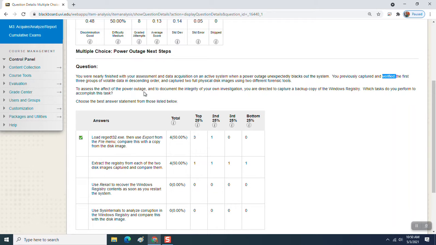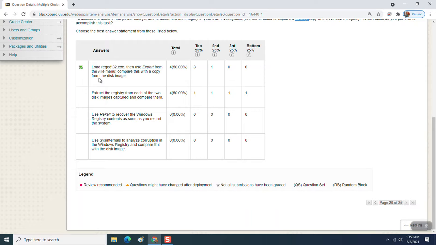To assess the effect of the power outage and to document the integrity of your own investigation, you were directed to capture a backup copy of the Windows registry. Which tasks do you perform to accomplish this task? Which steps, I guess, would be a better way to word that. Choose the best answer statement from those listed below.